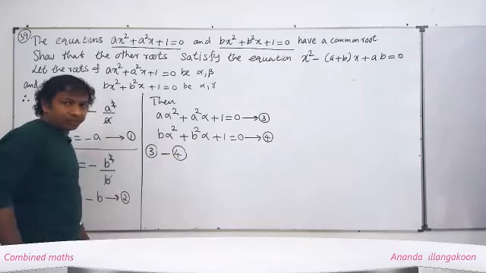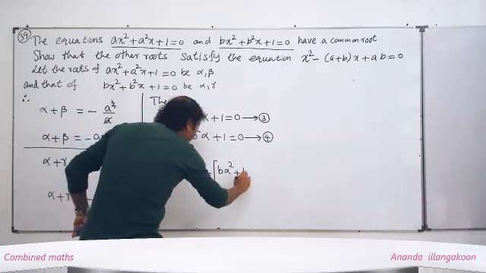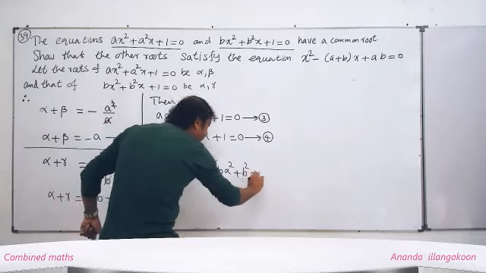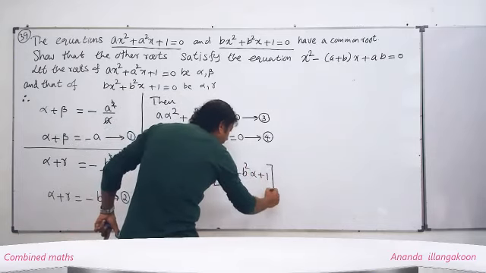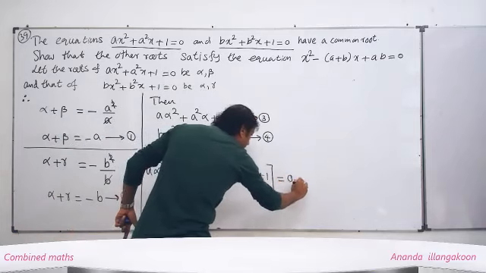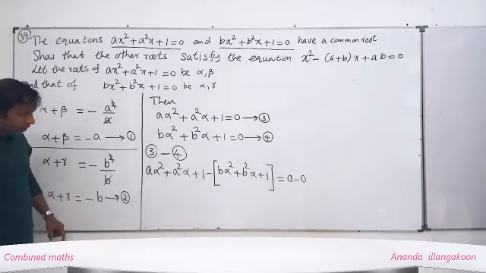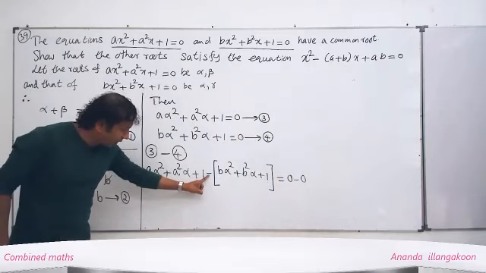So therefore, put a bracket here before writing this thing within the bracket: B alpha squared, B squared alpha plus 1, equals, right hand side, 0 minus 0. Now you can remove the brackets by multiplying by this minus sign.